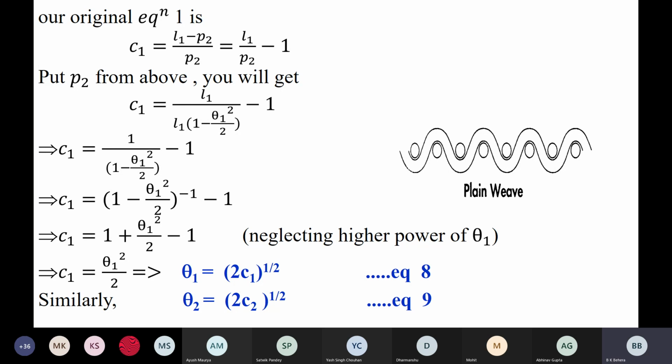Similarly, if you take the other equation, equation number 2, this is for C1, equation number 1. If I take equation number 2, which is for C2, it will be L2 minus P1 over P1. Just change the suffix and you will arrive at theta 2 equal to the square root of 2C2.